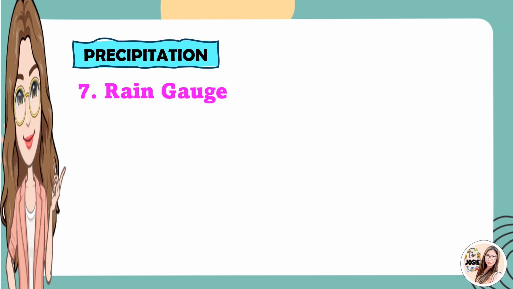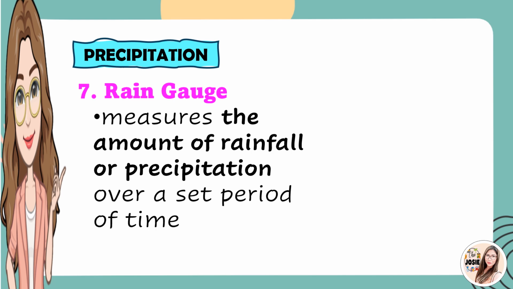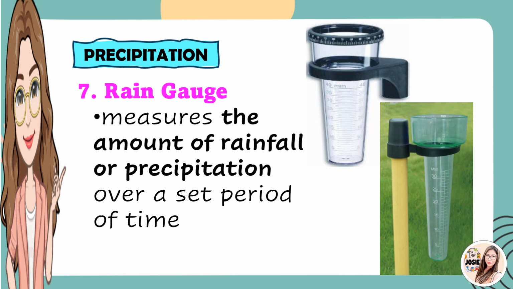Lastly, under the weather component of precipitation, we have the number 7 weather instrument, the rain gauge. A rain gauge is used to measure the amount of rainfall or precipitation over a set period of time, just like in these pictures.